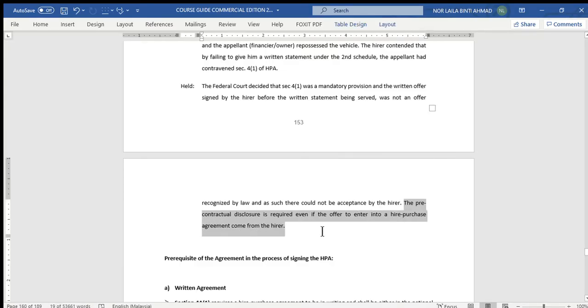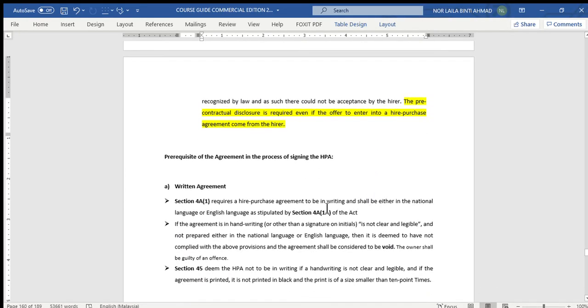It doesn't matter who offers first, whether a bank, a dealer, or a hirer making an offer to buy the hire purchase goods, there must be a pre-contractual disclosure. It must be served to the prospective hirer. So guys, we continue with the prerequisites of the agreement in the process of signing of the hire purchase agreement. Thank you.